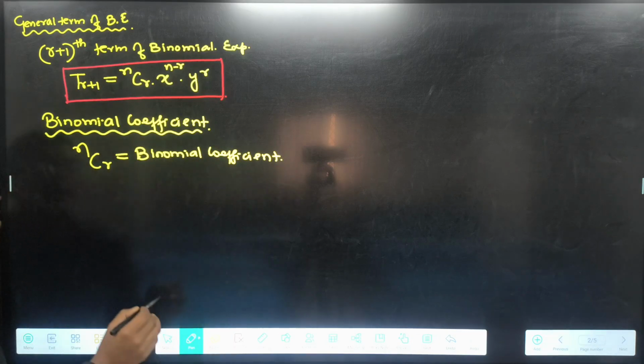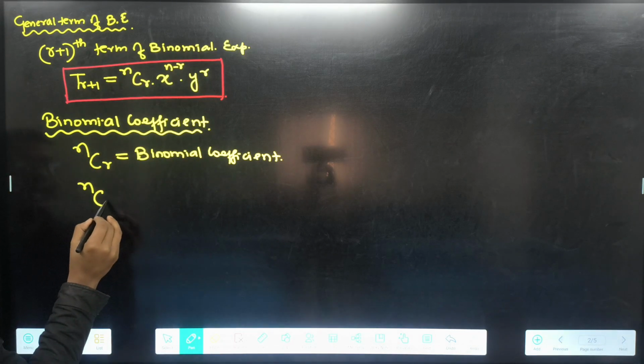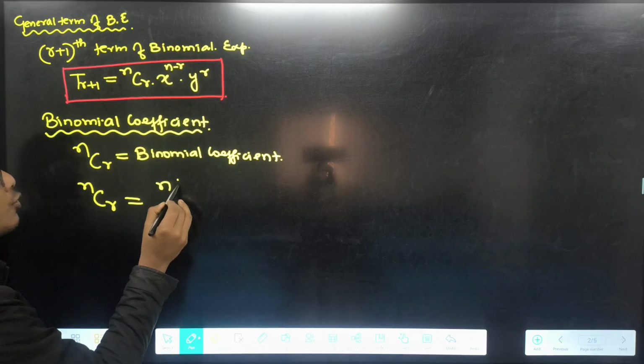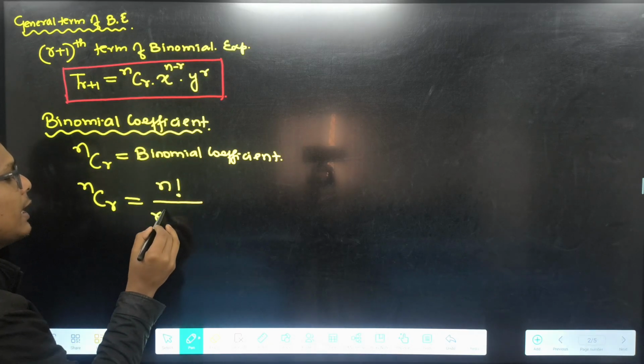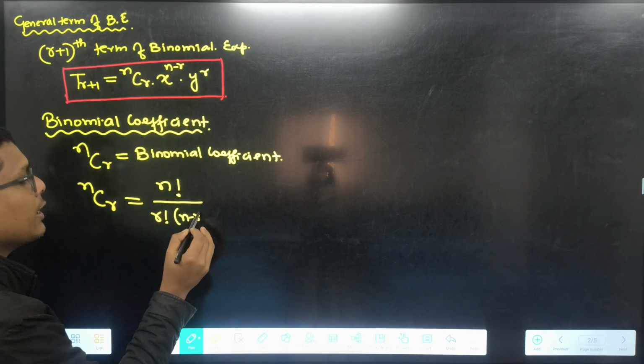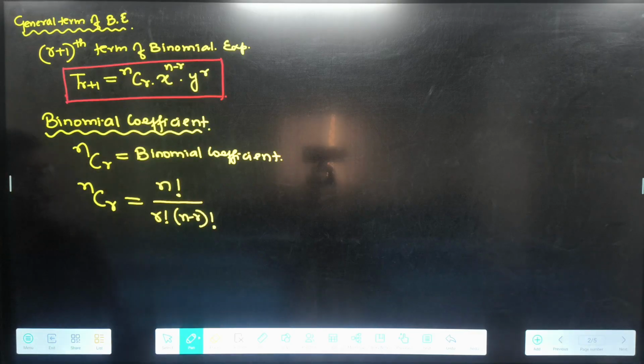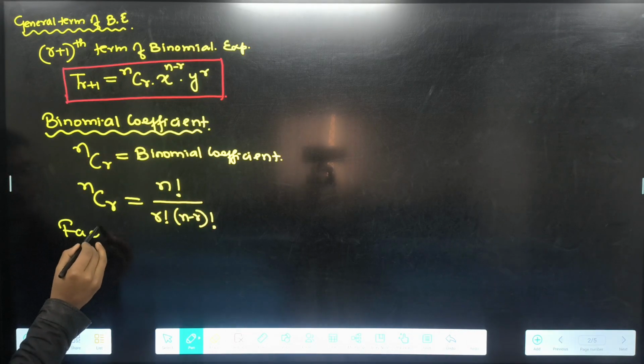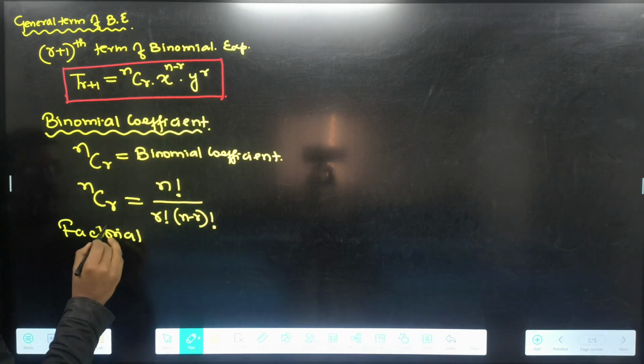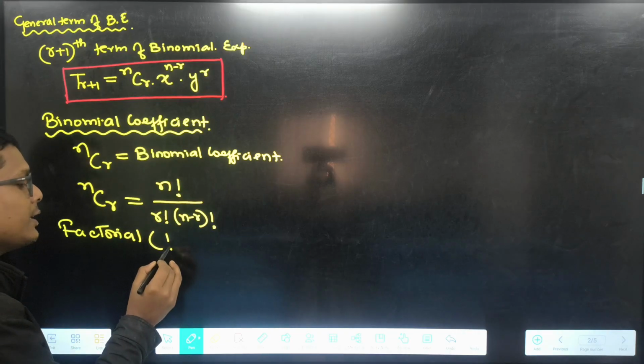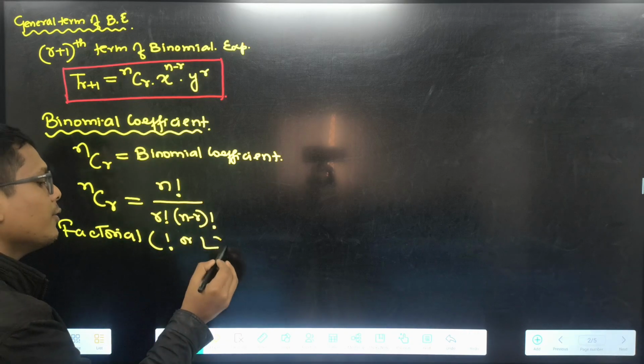So what is the formula for finding the binomial coefficient? n C r is equal to n factorial by r factorial into (n minus r) factorial. Now what is factorial? Factorial is represented by either this sign or this sign.